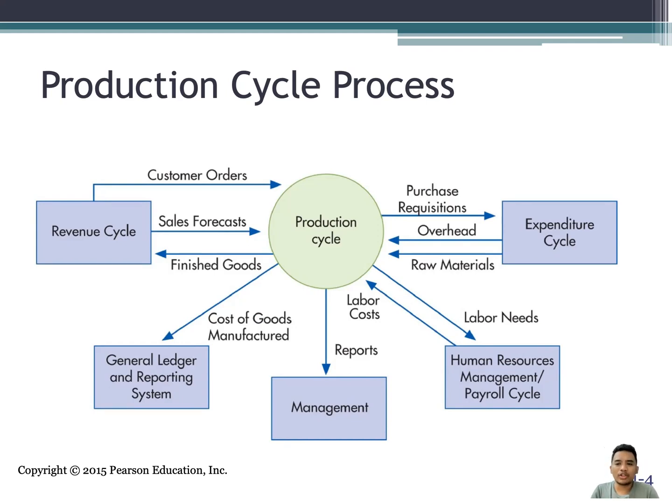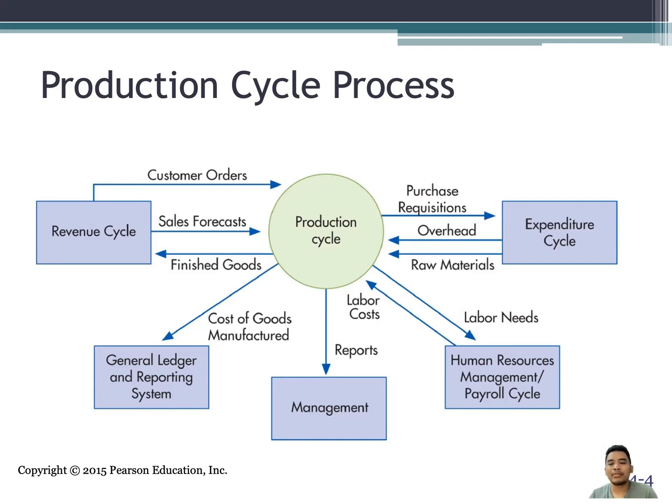Along with the production, you also need labor, management of the production in the warehouse, and at the same time, management of the business in the overall concept. So that includes the involvement of the management and the human resource.